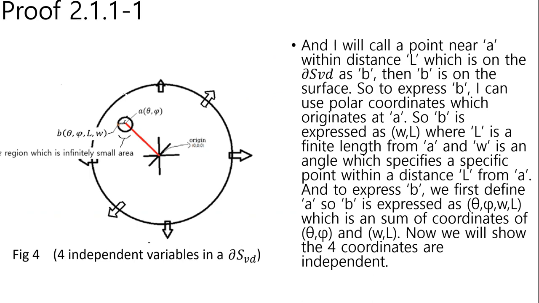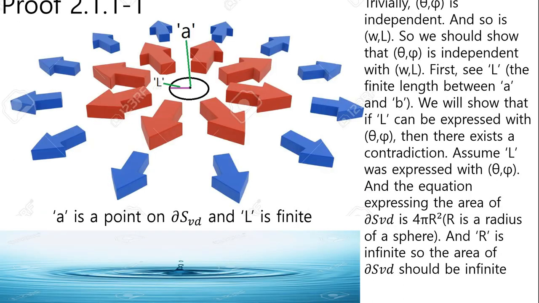Now, we will show the four coordinates are independent. Trivially, (theta, phi) is independent and so is (omega, L), so we should show that (theta, phi) is independent of (omega, L).